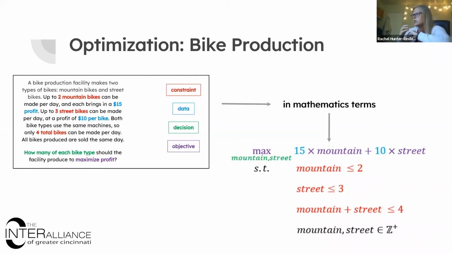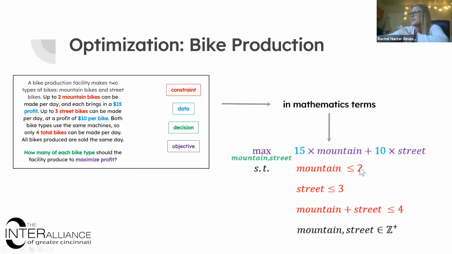So all of the interactions between mountain and street, or the number of each type of bike that you make, need to be defined for the problem to be considered well defined. So how do they interact to equal a profit? Each one is individually constrained, the two together are constrained, but at the end of the day, we need to decide how many mountain bikes and how many street bikes.